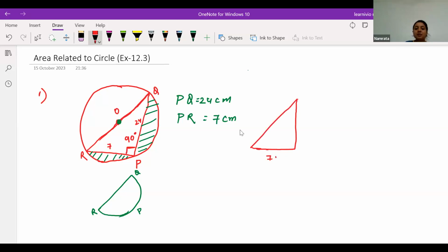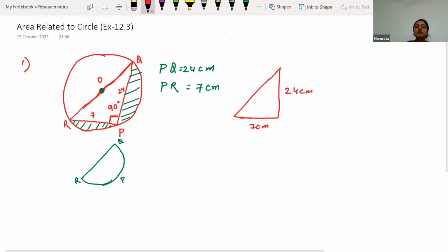This is 7 centimeter, this is 24 centimeter. Here we have O.